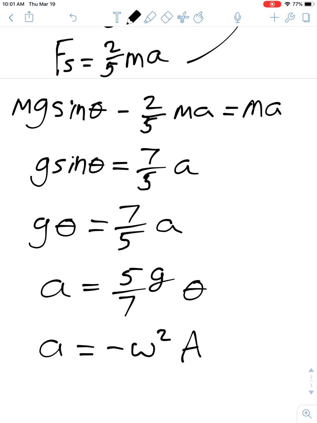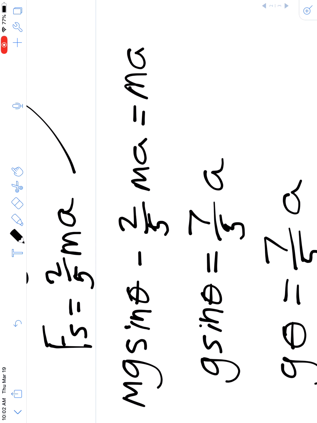We said we have displacement and displacement right here and right here. And so if we make an observation, then we can see that 5/7 g is equal to omega squared. Now, if you can just work with me here for 1 second, I want to double check to make sure that what I just wrote is 100% correct. There we go. Yeah, okay, so that's correct, okay?